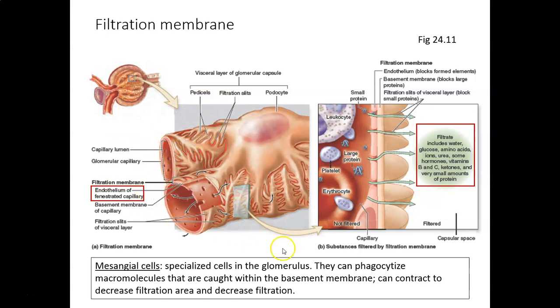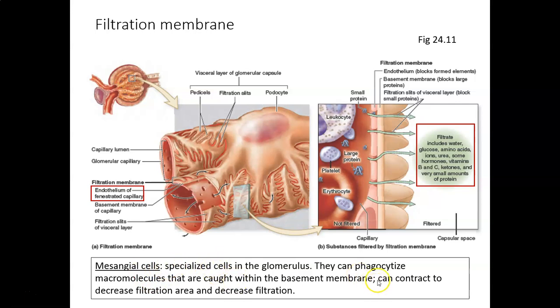What they do is phagocytize, basically eat up, the macromolecules that are stuck within the basement membrane, right? So if they're stuck here, they could be eaten up by those mesangial cells. So then they don't clog the filtration membrane.